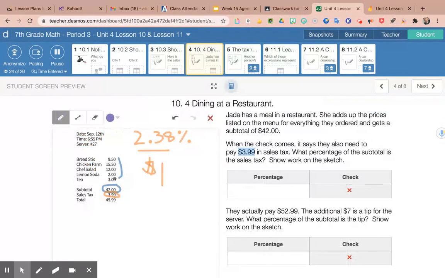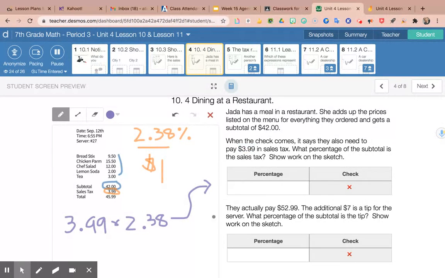So I had to find out the new percent. So $3.99 times 2.38 gave me the first one. So put your answer there. We did round it. So we got like 9.5.